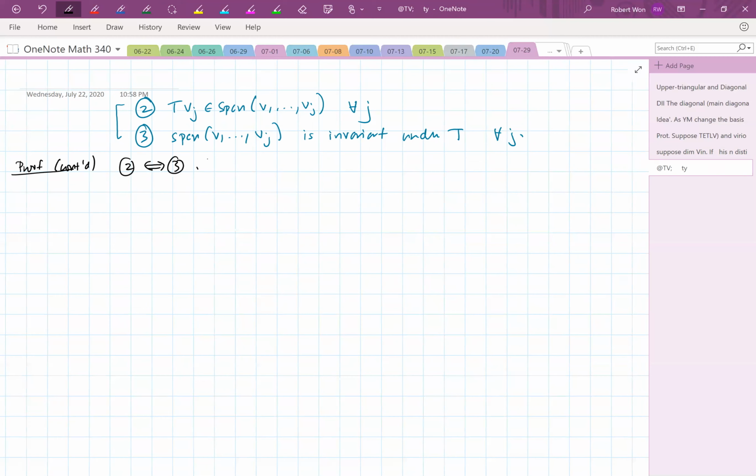Okay, so suppose that 3 holds. Let's actually just say I'm going to prove 3 implies 2 for now.